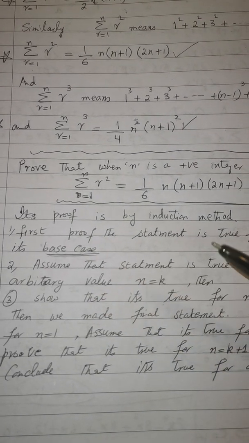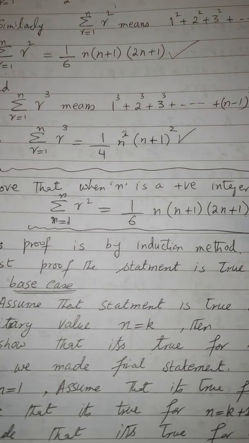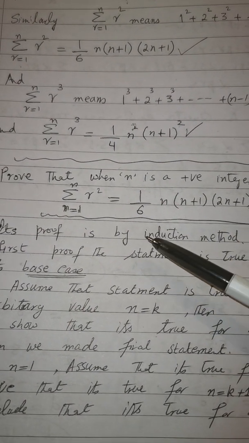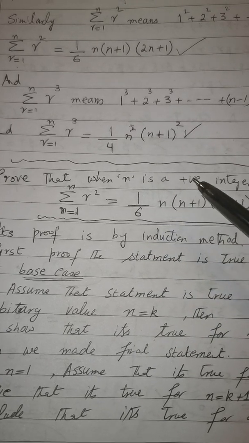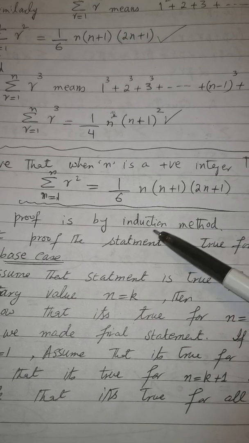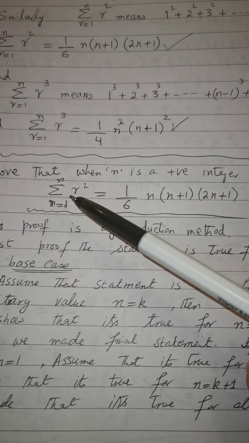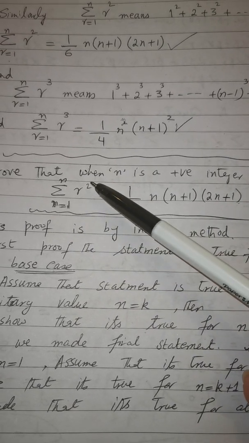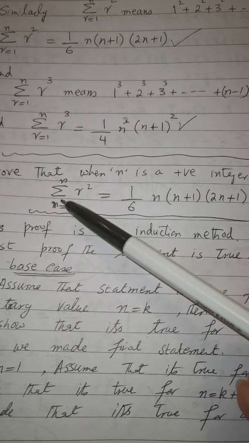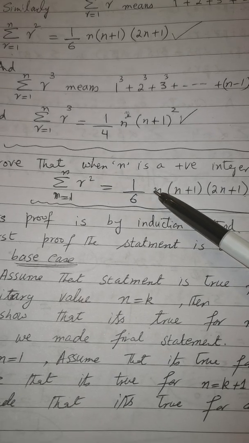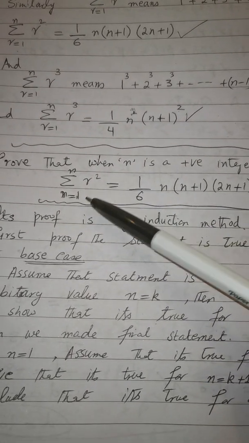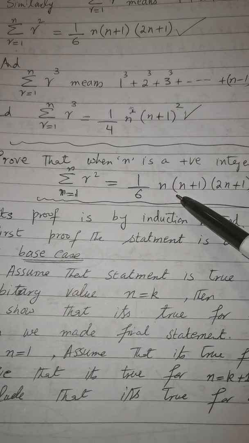In the induction method, first of all, we will take the value n is equal to 1, and put the value n is equal to 1 on left hand side and get the answer. And then we will put the value n is equal to 1 on right hand side and we will get the answer. If left hand side answer is equal to right hand side answer, then we will say that it is true for n is equal to 1.